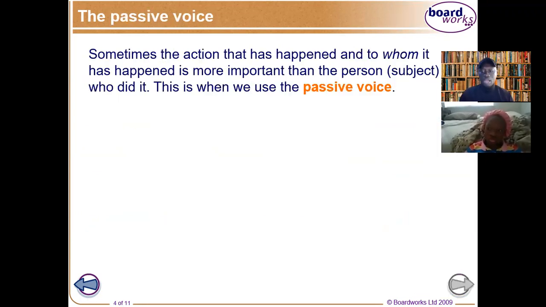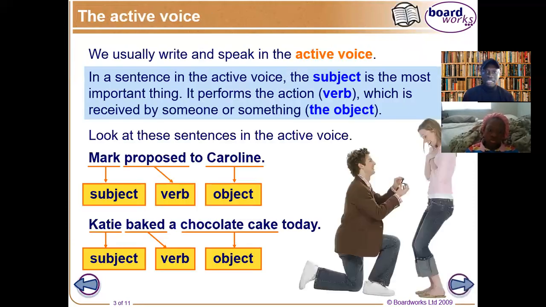Now, for passive voice, the subject goes to the end of the sentence or towards the end. Okay? Do you understand? Yeah. Now look at this sentence. Mark proposed to Caroline. Can you reconstruct this sentence and take Mark to the last and bring Caroline to the first? Can you just try it?